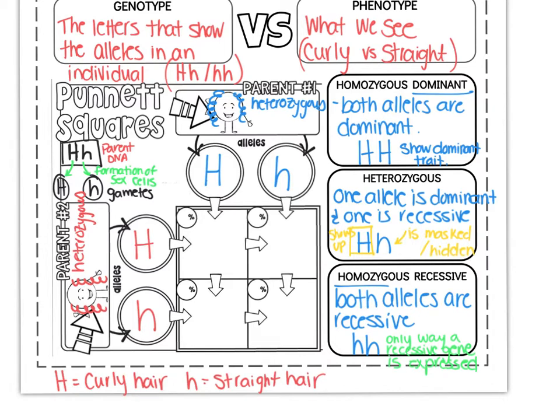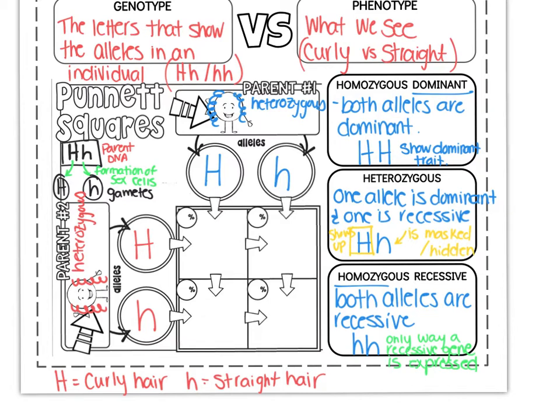A Punnett square just takes this information and combines it. So we have the opportunity for one of our sex cell options, big H from parent 1, to combine with either sex cell option from parent 2.